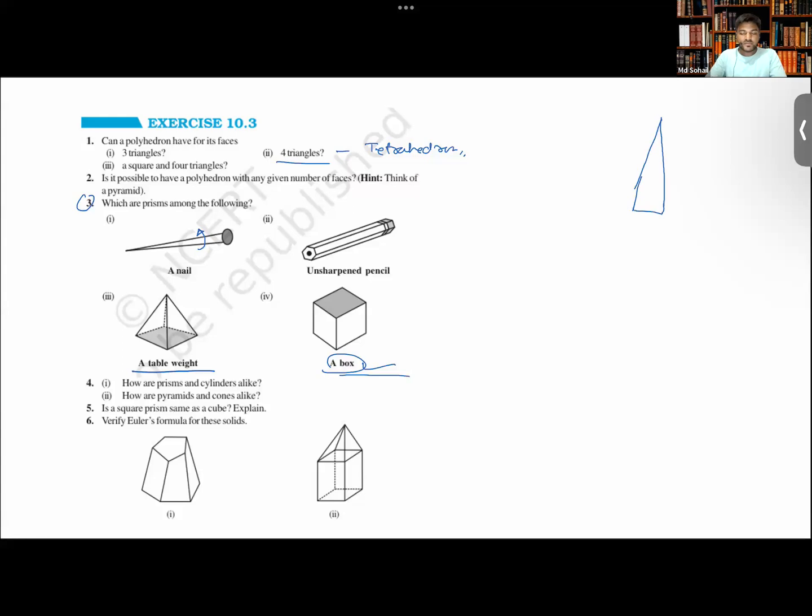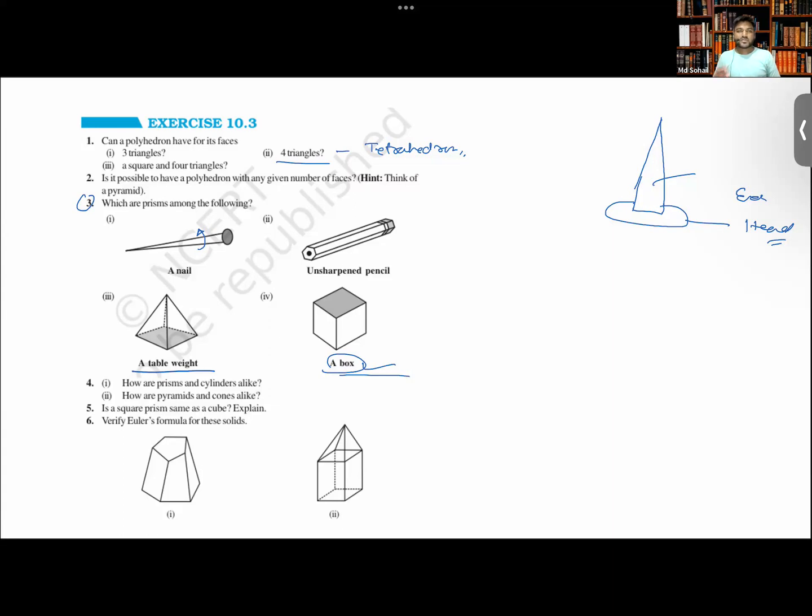This is the surface of the nail, and this is the head. You see that the edges of this head and this long surface are not in contact with each other.